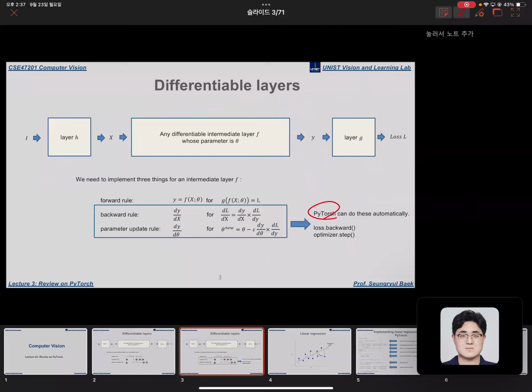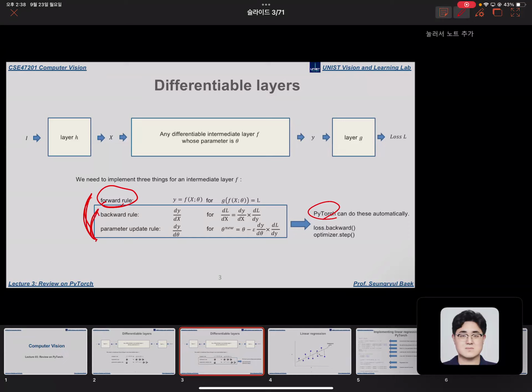And when you try to implement this forward rule and backward rule and parameter update rule, you may feel implementing the forward rule is rather easy, okay, but implementing this backward part, calculating the gradient, is not that simple.